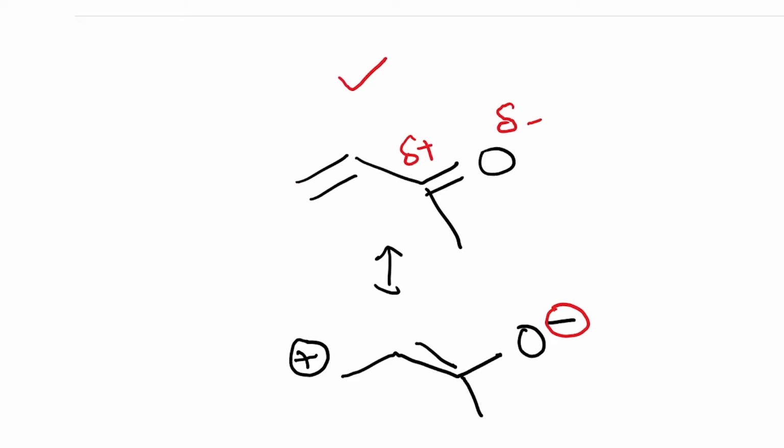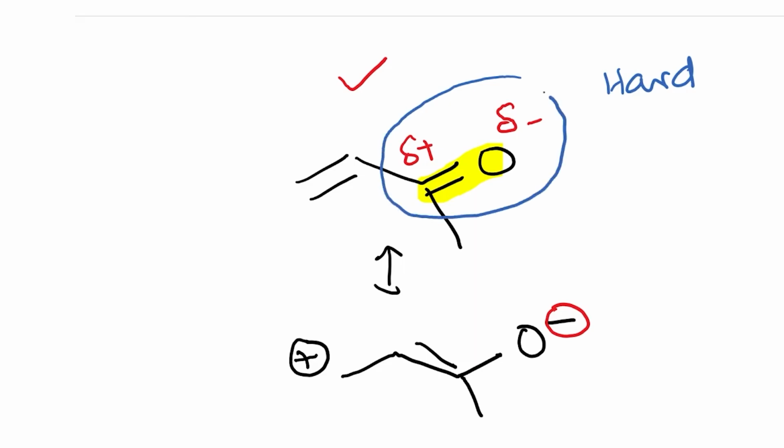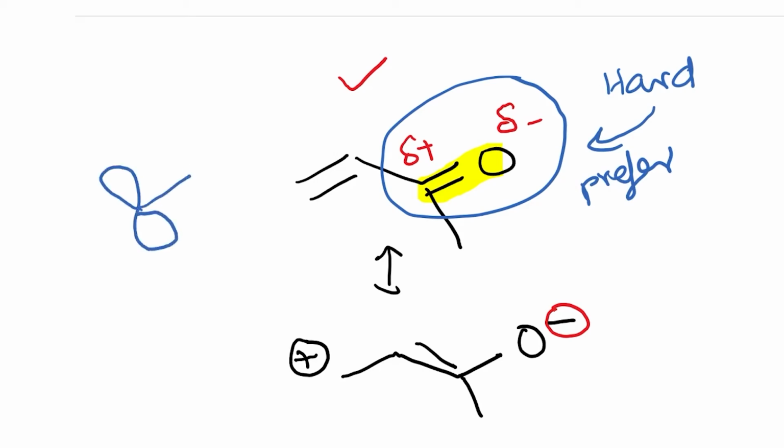So when it comes to a reaction of a carbonyl compound, the hard nucleophiles prefer to react here. Okay, they prefer to react here because electrostatics are actually going to dominate. When it comes to soft nucleophiles, because we know that this lobe is quite large, at the beta position, the orbitals actually end up dominating.